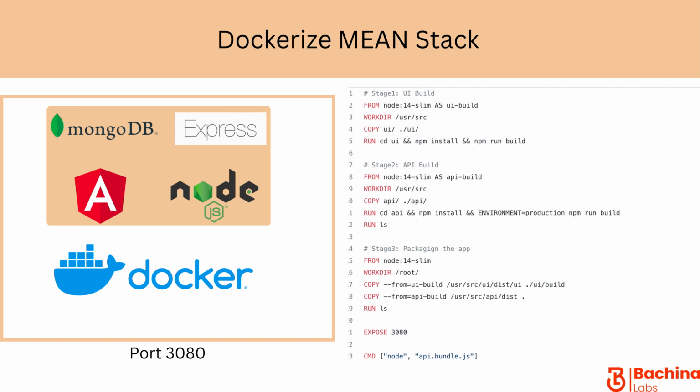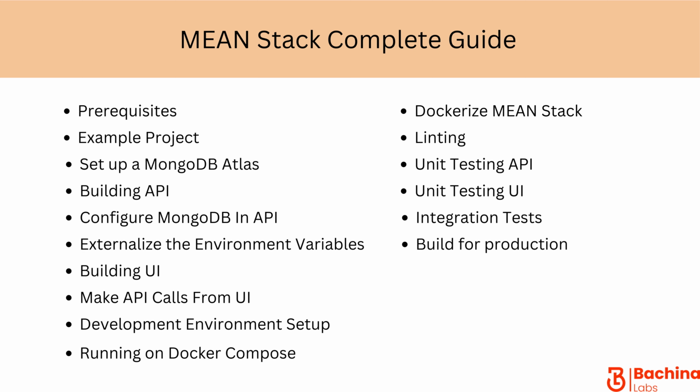Okay, we have seen the main stuff so far: development environment setup, Dockerization, and Docker Compose, and all the technologies that are covered in this stack. But there is a lot more when it comes to developing a full stack web application.